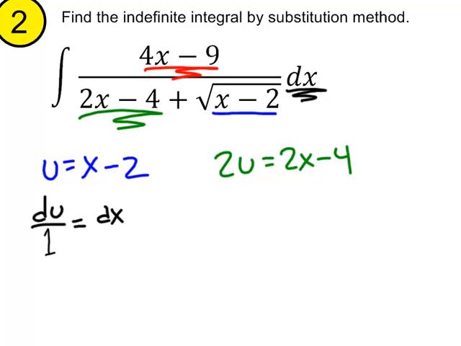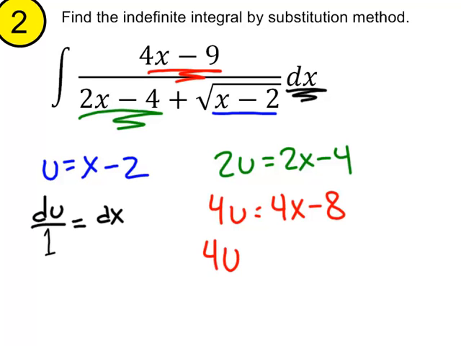Let's start by doubling both sides of this equation. That's going to give us 4u equals 4x minus 8. And I'm really interested in 4x minus 9, so let's subtract 1 from each side of that equation, and we'll get 4u minus 1 equals 4x minus 8 minus 1, or minus 9. So now we're set to substitute up there as well.